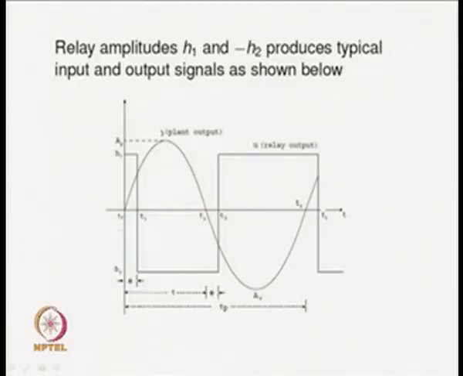The output will be considered for different time ranges. For time t 0 to t 1, we have input h 1, whereas for time t 1 to t 2, we have input minus h 2. Also, from time t 2 to t 3, we have input minus h 2 to the system, whereas from time t 3 till t 4, another zero crossing, we get the input as h 1.